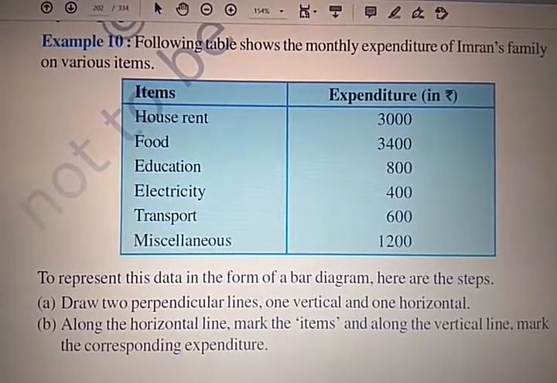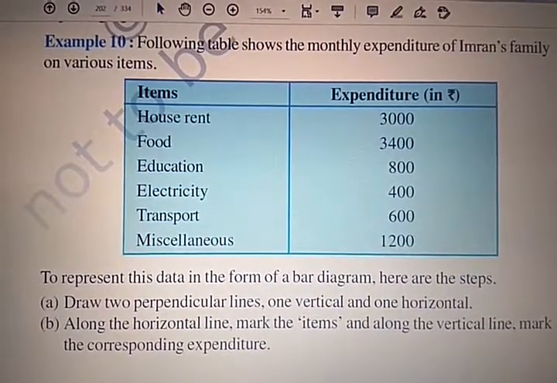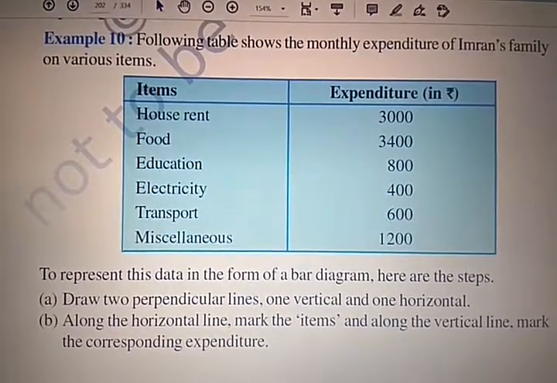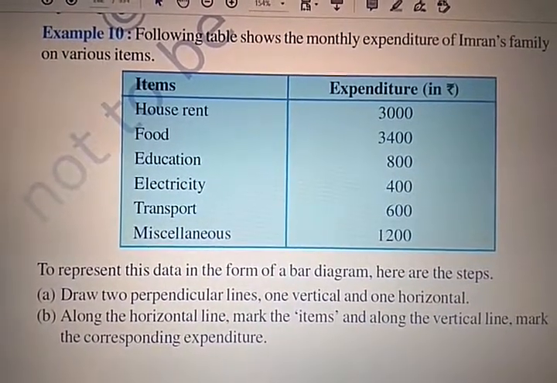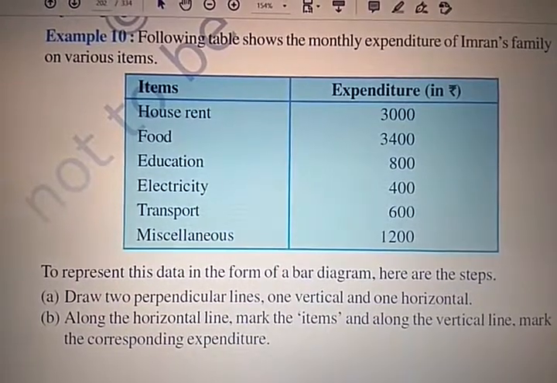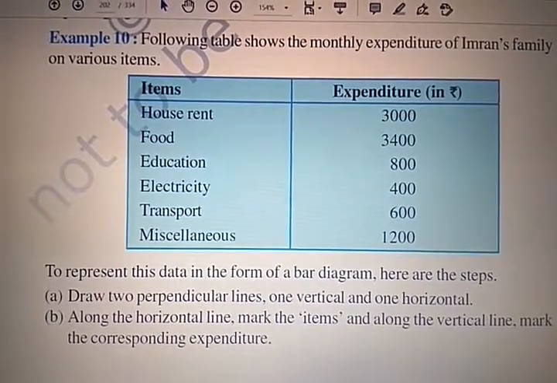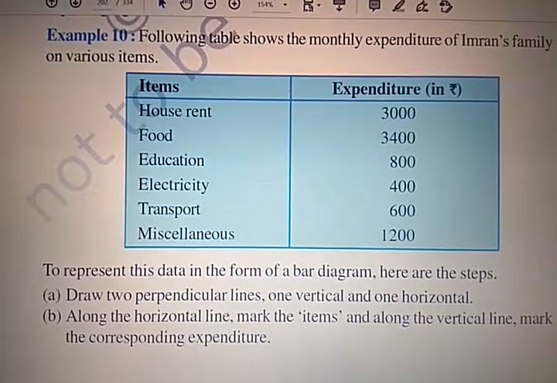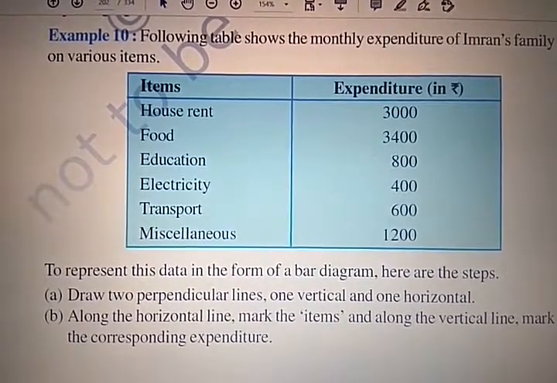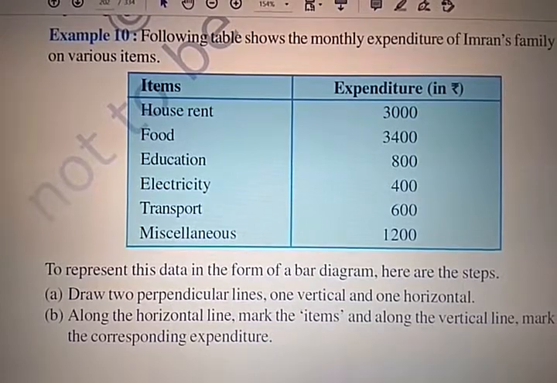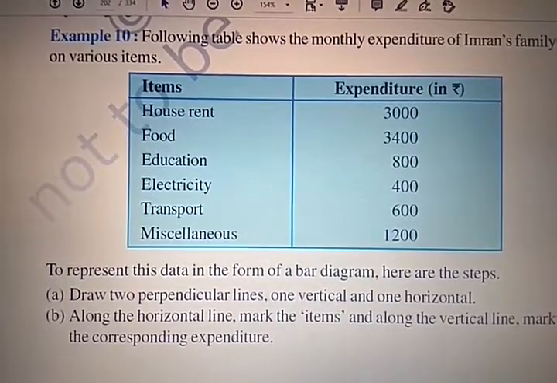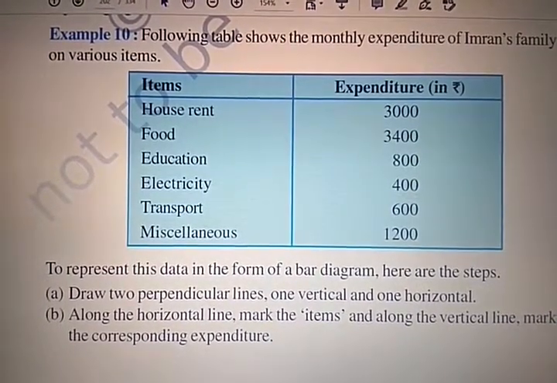The data is given. The following table shows the monthly expenditure of Imran's family on various items. The items are listed in the table, and the expenditure is given. So here we have to write the items on the x-axis, means the horizontal axis, and the vertical axis means y.